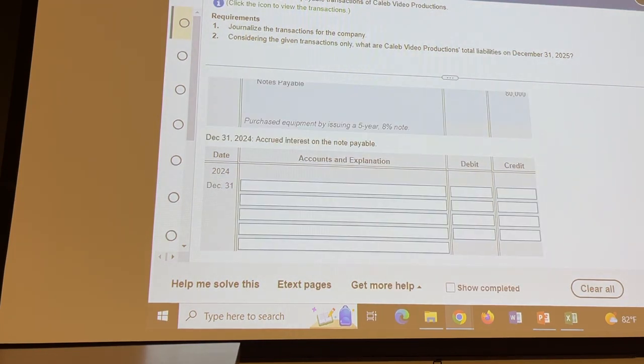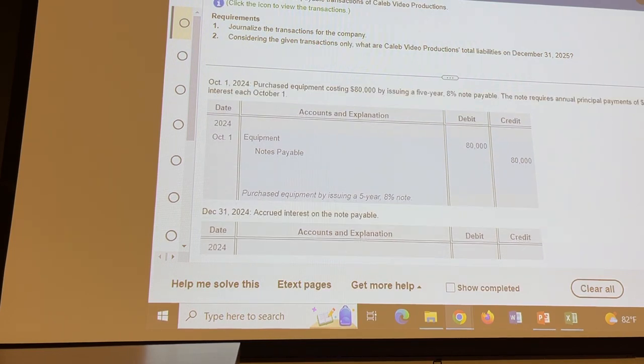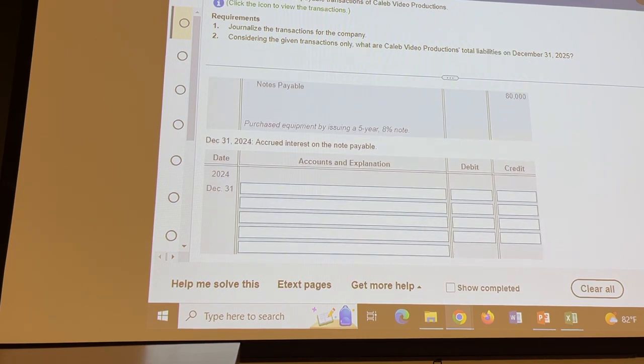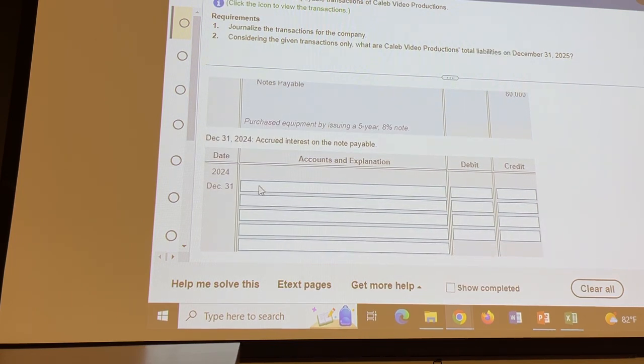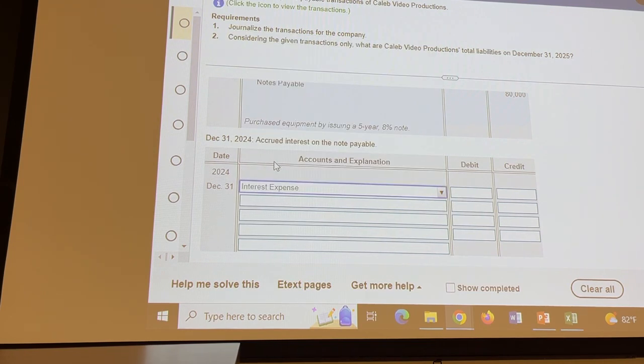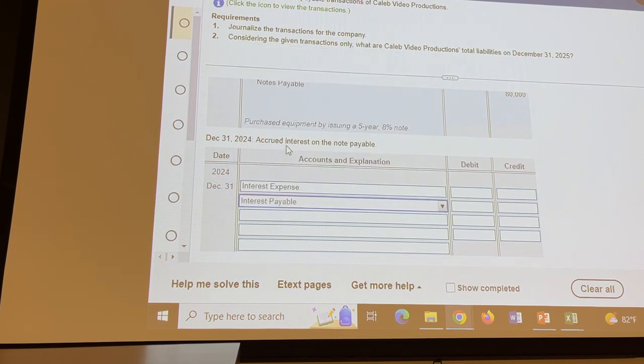Okay, then on December 31st, we want to accrue interest on the note. So it looks like at that point in time, the note's been outstanding for 3 months. So we know when we accrue interest that we're going to debit interest expense, we're going to credit interest payable.